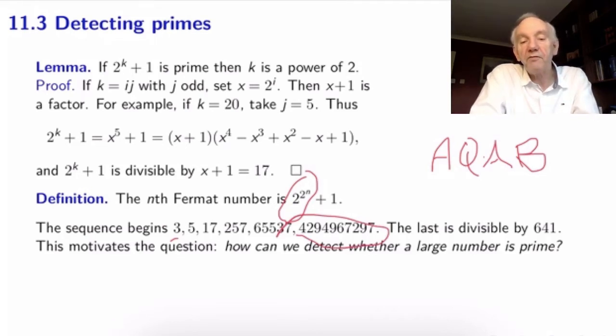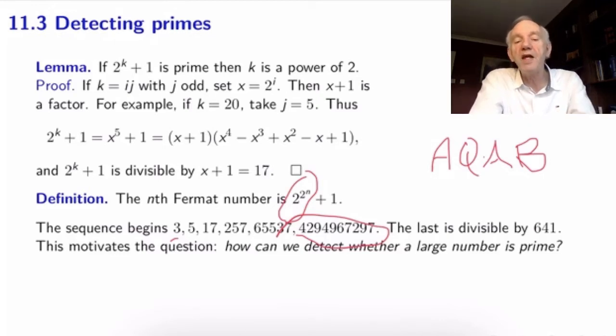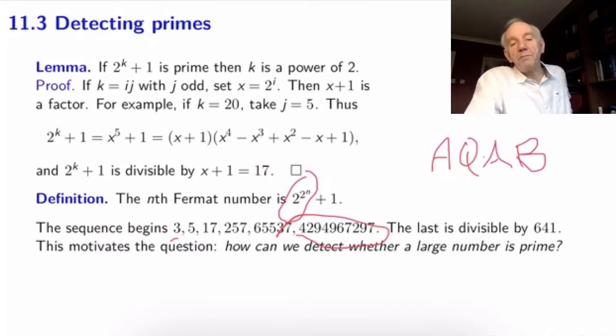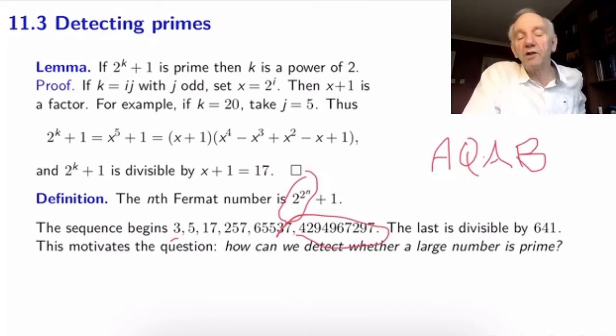And following that, up to about the 11th Fermat number or something, no other Fermat numbers are known to be prime. They get very big very rapidly, and the next few are all known to be composite numbers, not primes. So it's not known whether any other Fermat number is prime. Maybe the fourth one is the last one, we don't know.